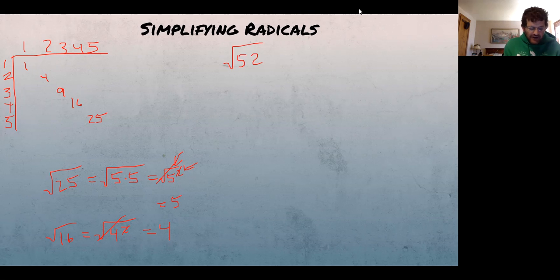Now if I just plug this into my calculator, the square root of 52, and if you have a calculator on your phone or nearby, you can plug that in. In fact, here's what I want you to do. I want someone to plug the square root of 52 into their calculator and write it on the screen next to that equal sign.